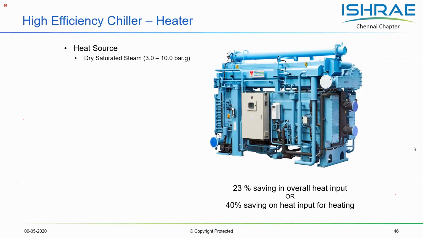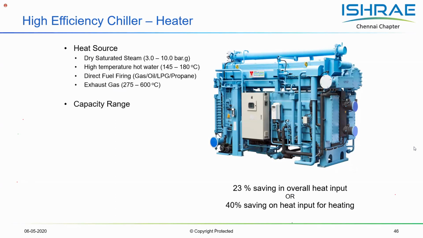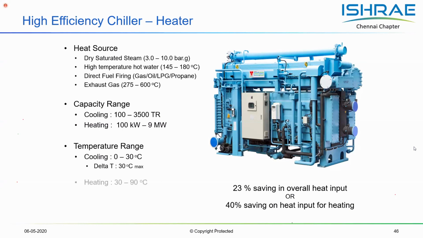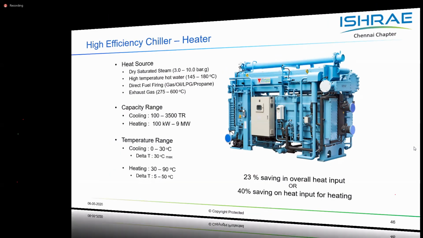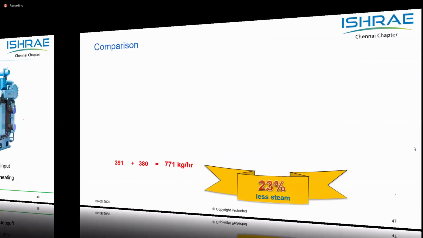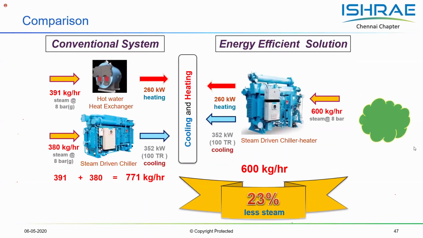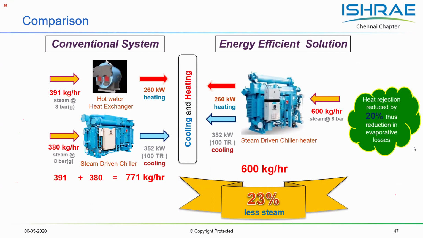This is called a high efficiency chiller heater, which is also very popular as well as kind of a norm in certain industries, wherein the user can cater to his cooling and heating requirements simultaneously using one unit, and also save a substantial amount of energy. Just to illustrate that, we can generate chilled water at up to 1 degree Celsius or glycols at even -2 degrees Celsius, and generate hot water simultaneously at approximately 90 degrees Celsius.